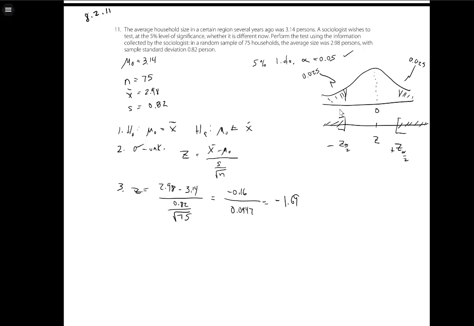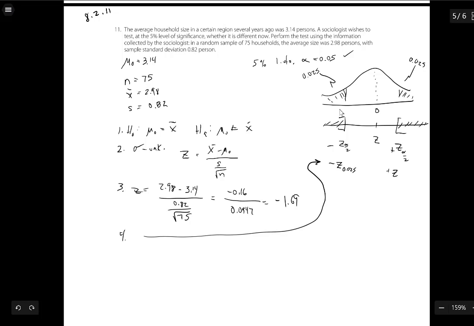So in step 4, this will be minus z of alpha over 2. The alpha over 2 is going to be that we had alpha of 0.05, so over 2 is 0.025. Over here we have the plus side of z of 0.025.